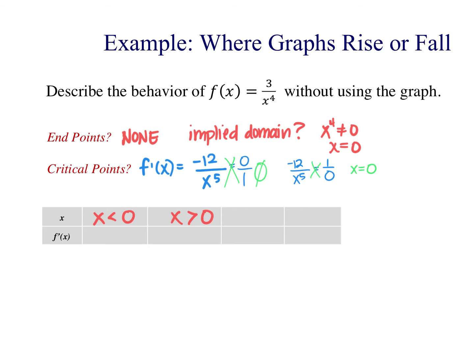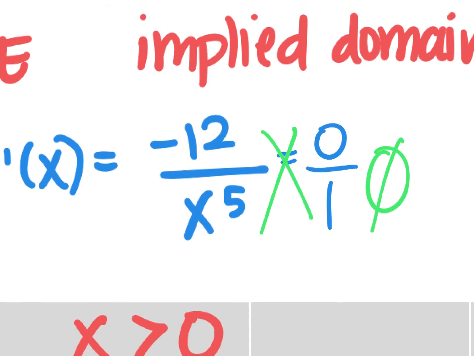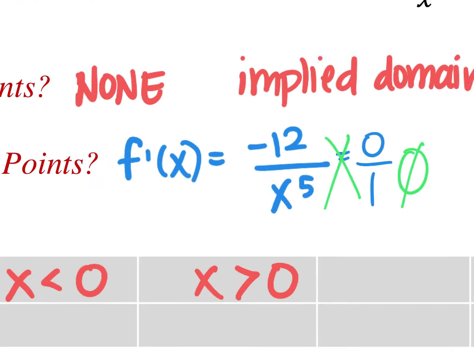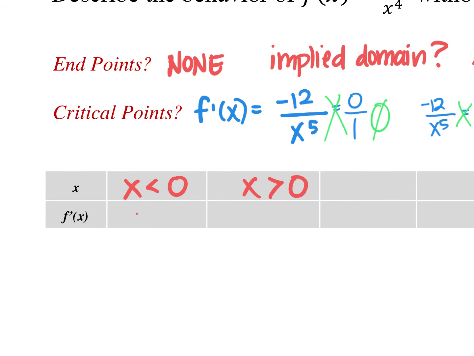Okay, plug that negative 1 back into this derivative here, the blue derivative. It's -12. If I plug negative 1 into the denominator, it's -12 over -1. That's 12, that's positive. So this is a positive value.